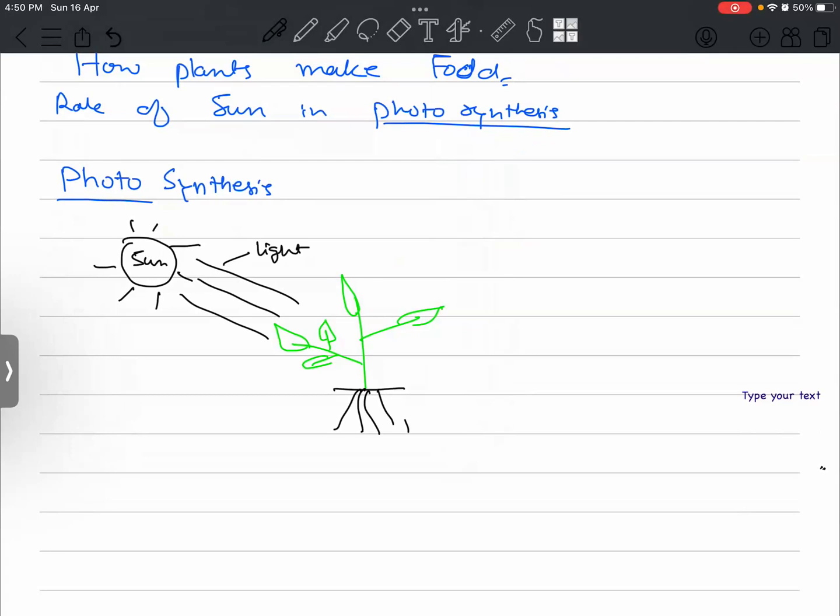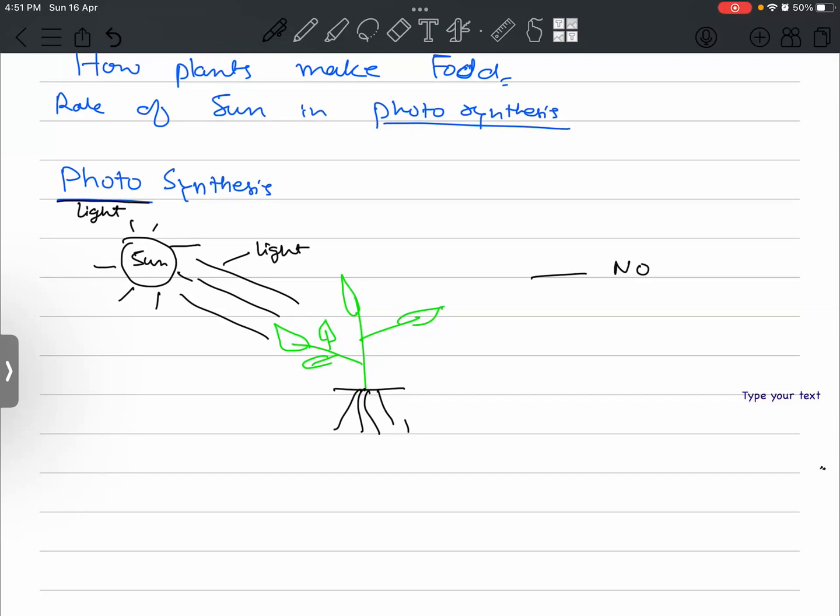Now suppose if there is no sun, will the plants make food? The answer is no. So it is very important that sunlight is present so that plants will be able to make food. Since the process is related to the presence of sunlight, that's why we call it photosynthesis. And photo here means light.